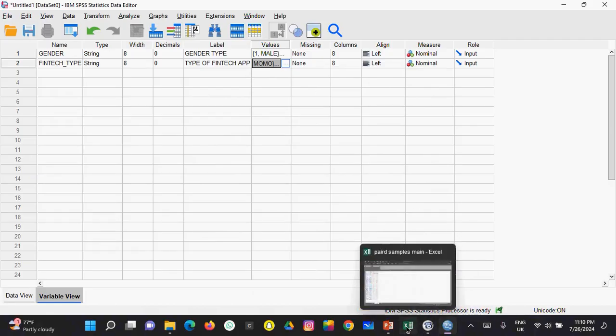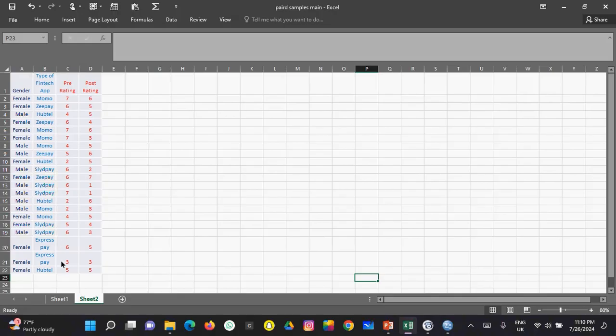And then let's check here. All right, so the Express P, Slide P, and everything has been injected.